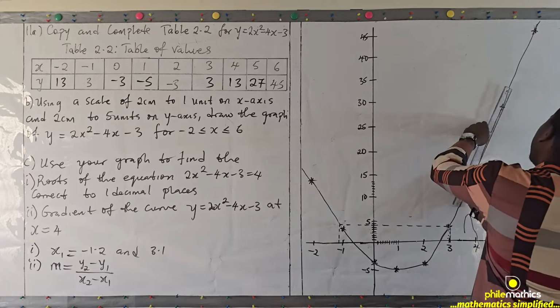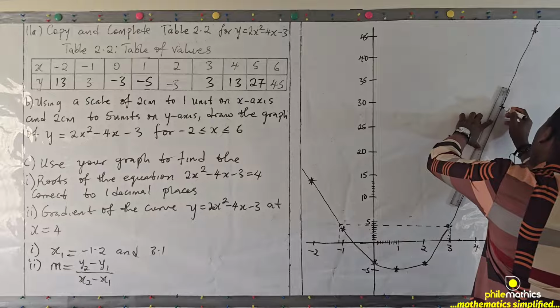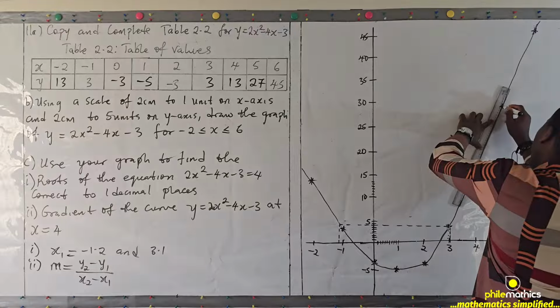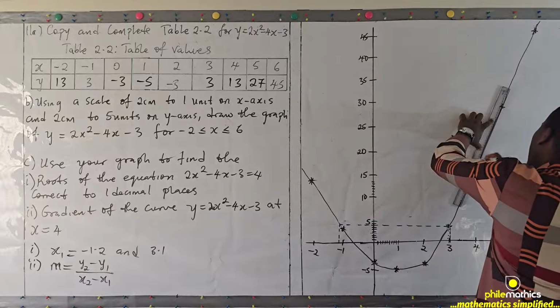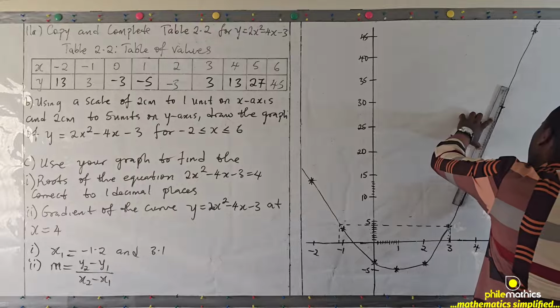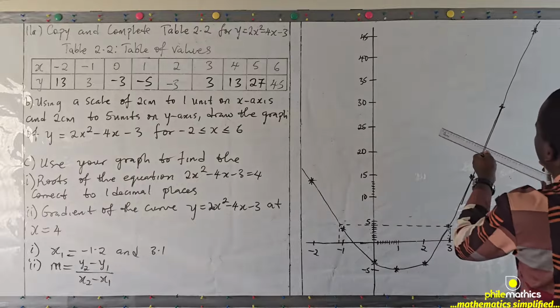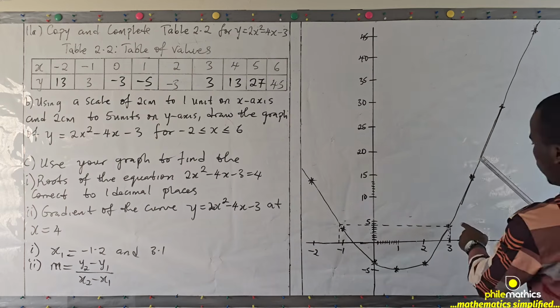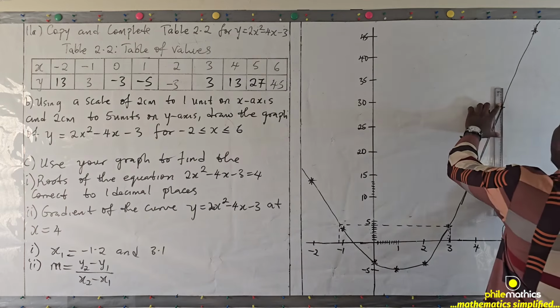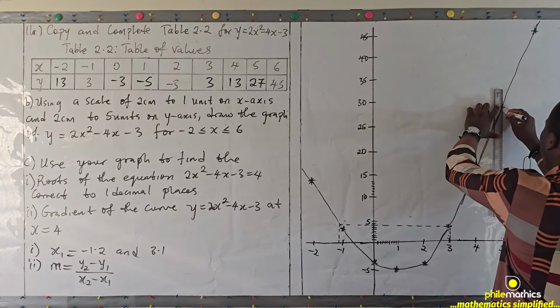So we can sketch this, draw a straight line that passes through this point, and then draw this.